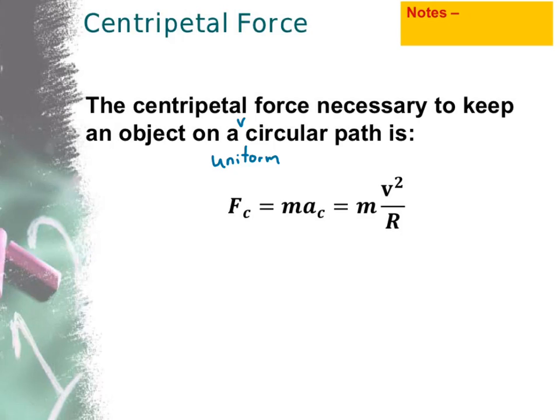Now, those of you in AP, you can change this. Instead of using linear speed, you can involve angular speed, and the way you do that is you're going to replace v with omega times r.